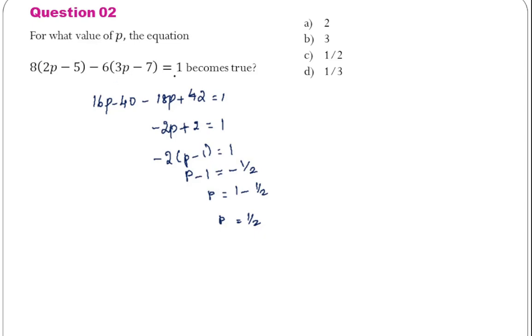And here 3 times 1 by 2 is 3 by 2. 3 by 2 minus 7 is, how much can we get? 3 minus 14 by 2, so minus 11 by 2. Times 6, the 2 and 6 cancel, giving minus 33. So we get minus 32 minus minus 33, that is minus 32 plus 33, and we get the value as 1. So our answer is correct. The correct answer is option C.